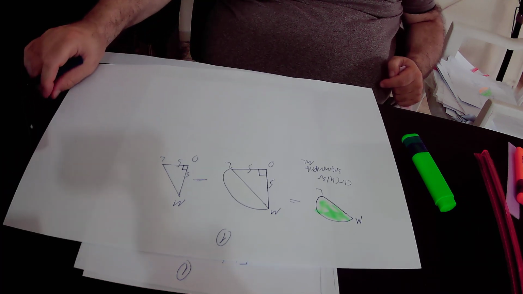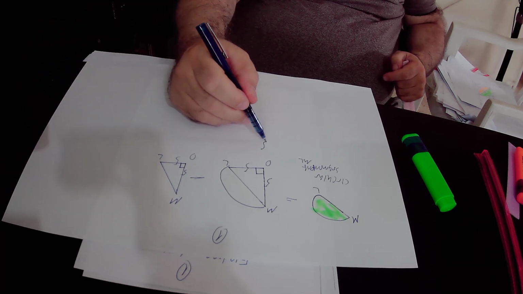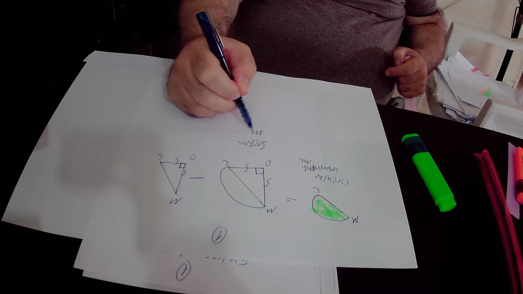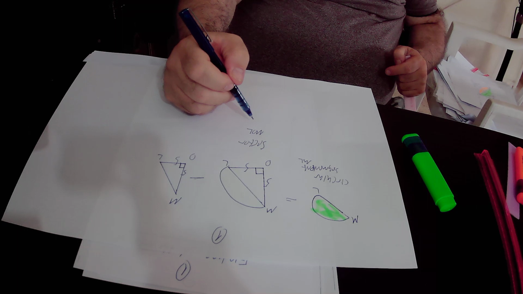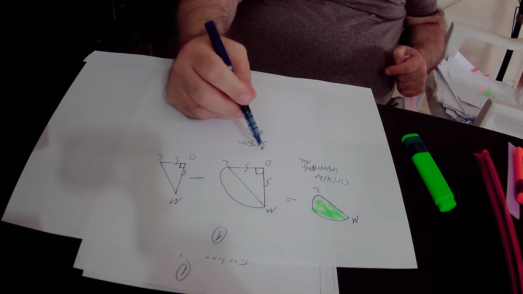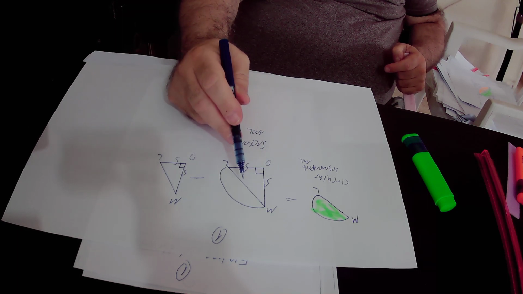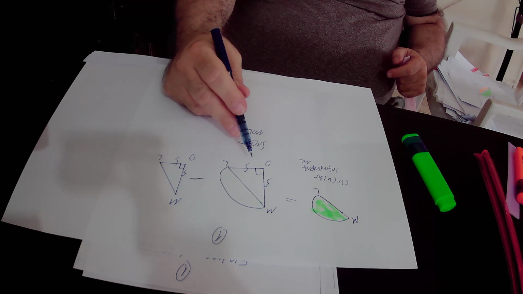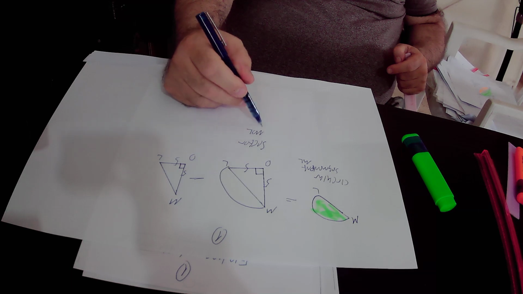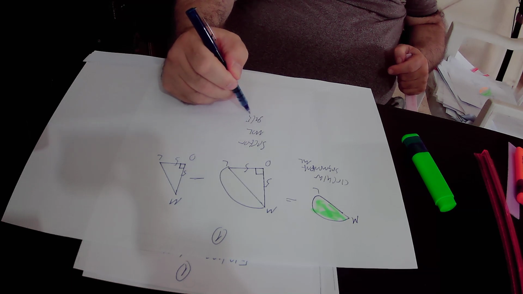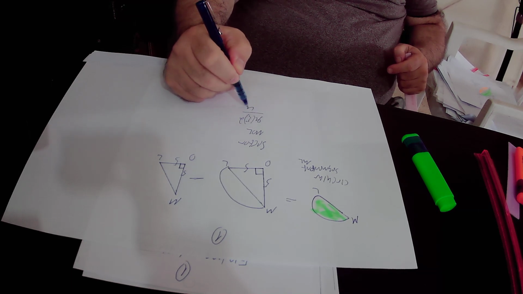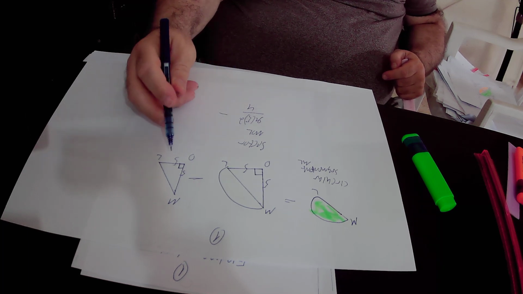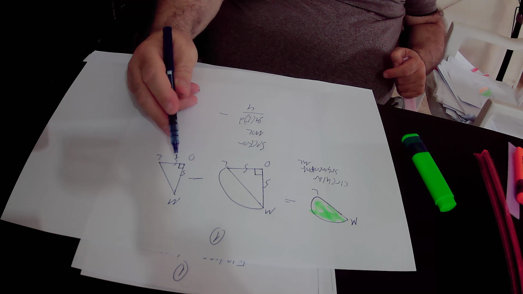So the area of this sector MOL, because of the fact that it is a quarter circle, is equal to the area of the circle, that is pi r squared, and r is 5, so it is pi times 5 squared over 4, minus the area of the right triangle MOL.